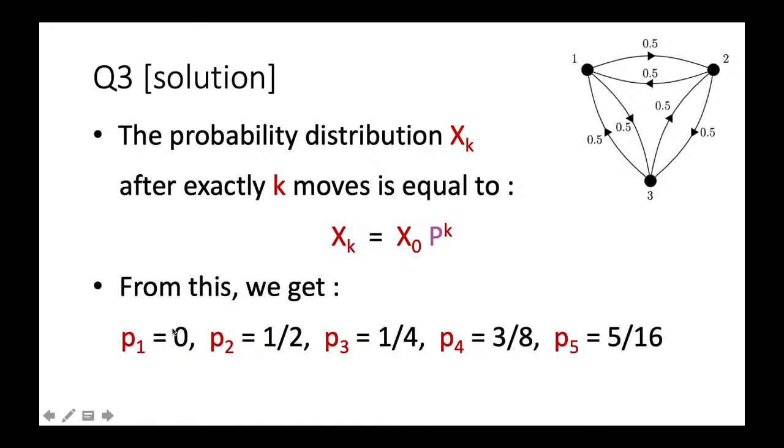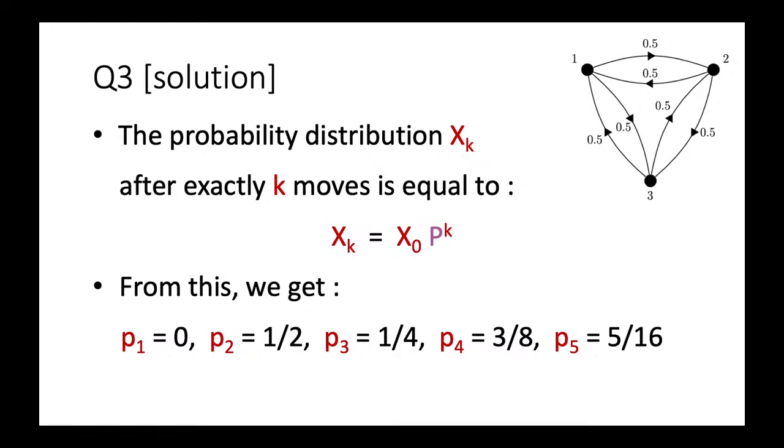After doing this step by step, we have xk as a probability distribution, and the first term here corresponds to the pk value. So we can solve it one by one, and we see that these are the results. Indeed, there is a certain pattern here. The bottom part seems to always be a power of 2, and the top part is somehow interesting. So is there a way to find the general form for this pk?